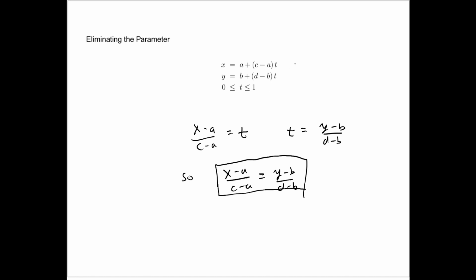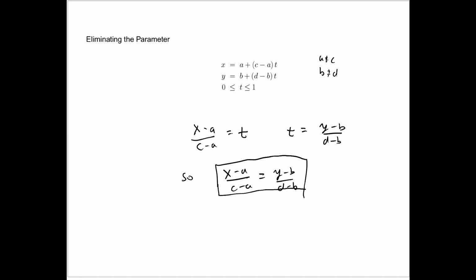Notice that for this to make any sense, we'll need a not equal to c and b not equal to d, so that the points are different points and not on the same horizontal or vertical line. This will be the equation, just a single linear equation involving x and y. It will be the equation of a line, and it will be the line that contains the line segment.